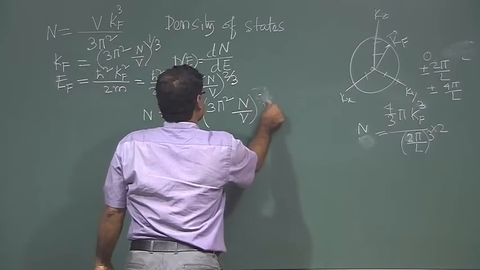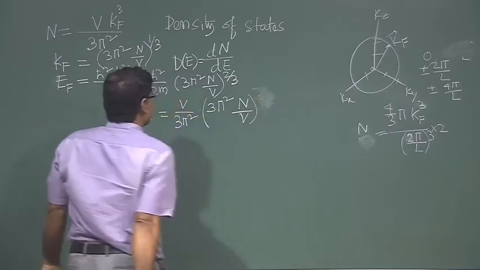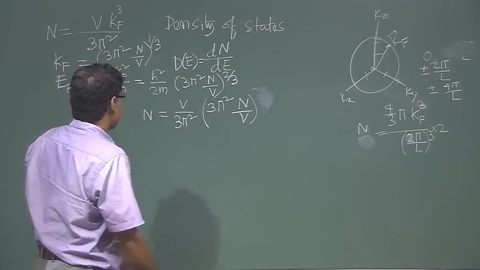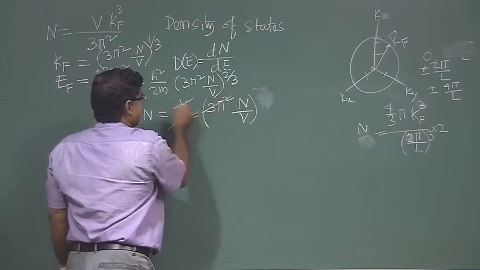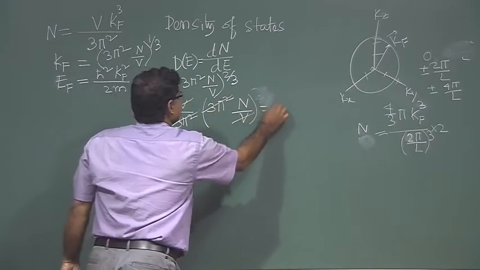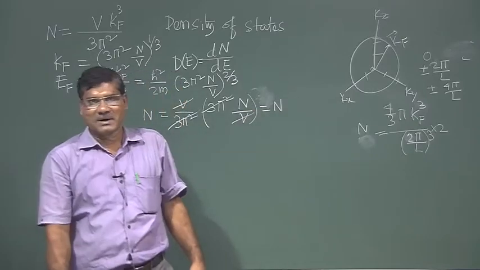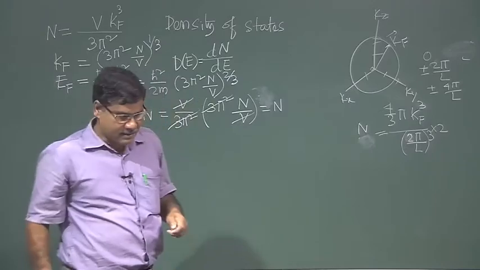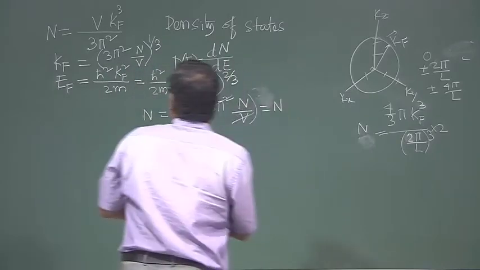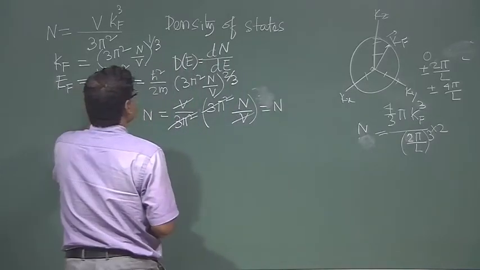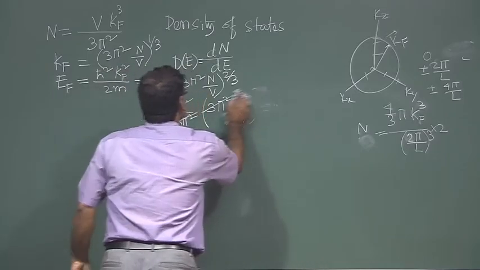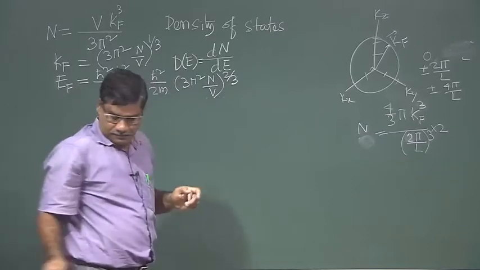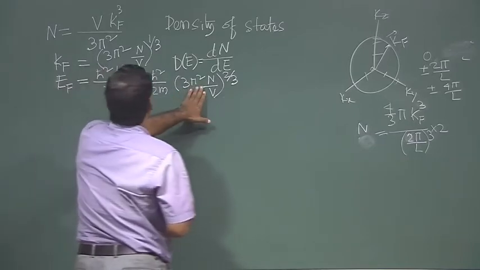So, then it should be like this, okay. So, this will come n equal to n, but that is not my aim. Actually, I understand what is the problem. Actually, in terms of energy I want to get n. So, I have to use this one, okay.